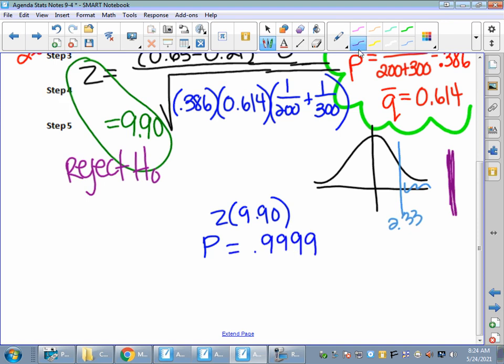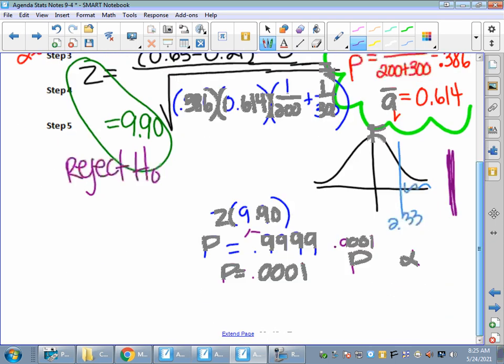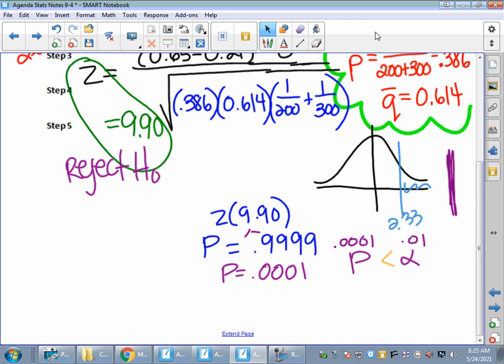It's right-tailed, so I have to do 1 minus, so that'd be 0.0001 is what I would use for my p-value. And if I compare my p to my alpha, 0.0001 compared to 0.01, my p-value is definitely less than alpha, which means to reject H sub 0. So if you like that p-value method, please use that.